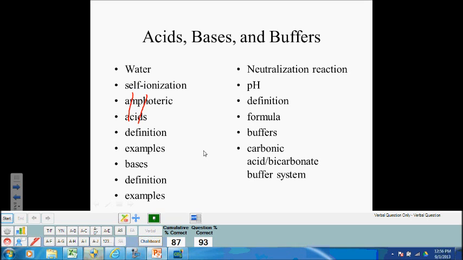If there's more H pluses than there are OH minuses, what's the pH? It's an acid. If there's more OH minuses than there are H pluses, then it's a base. That's important to know. If H plus and OH minus concentrations are the same, you're talking neutral. If there's more H pluses than OH minuses, you're talking acid. If there's more OH minuses than H pluses, you're talking base.